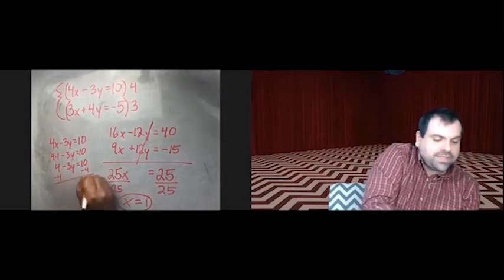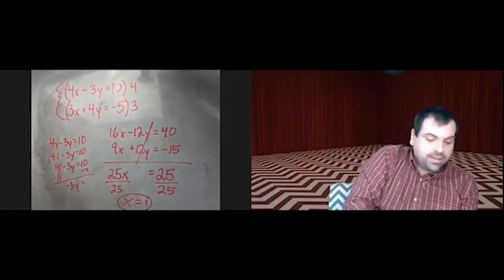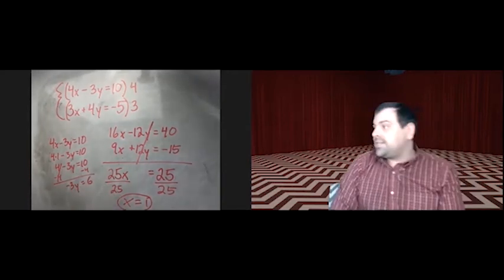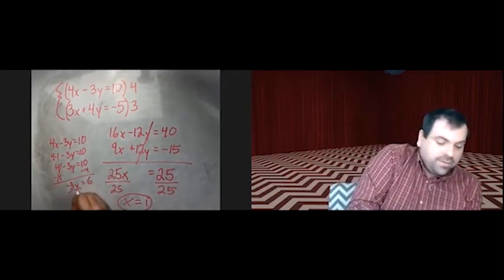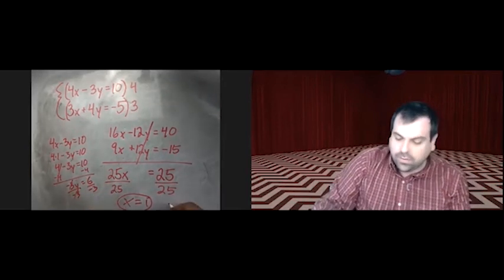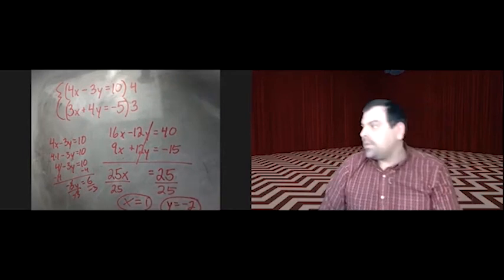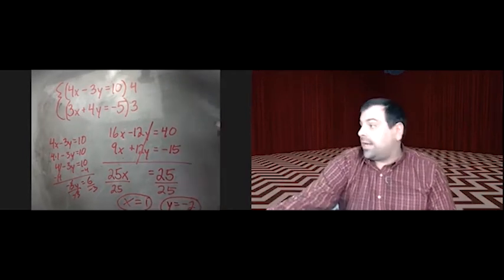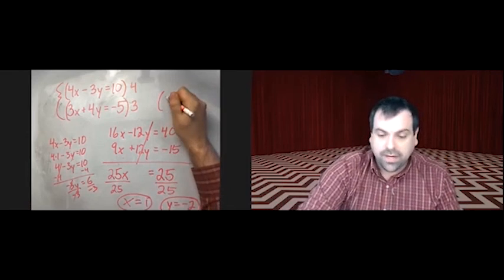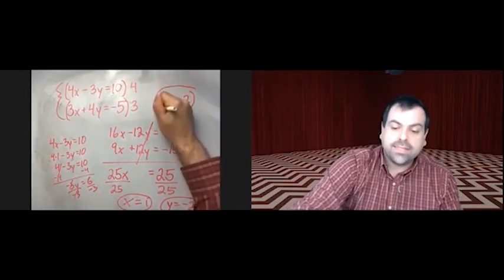Subtract 4 from both sides. Minus 3y equals positive 6. And if we divide both sides by negative 3, we get y equals negative 2. So our answer is the ordered pair where x is 1 and y is negative 2.